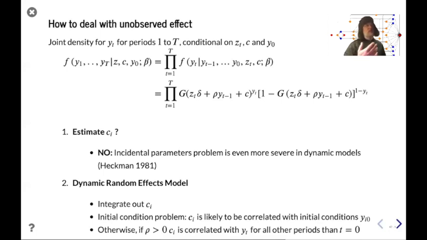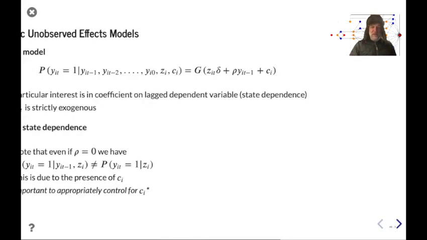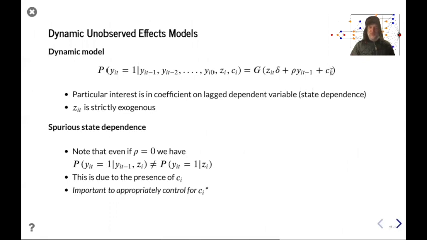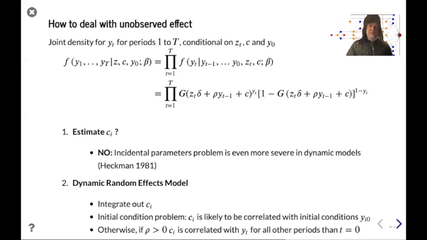If y0 has no effect on C, or is not correlated with C, how can C be correlated with y1? I mean, it's appearing here, right? You've got your C here. It has an effect on yt for period 1, 2, 3, 4 up to capital T, but not on y0. That's very unrealistic. So that's not really a good assumption, and we don't want to make that assumption.